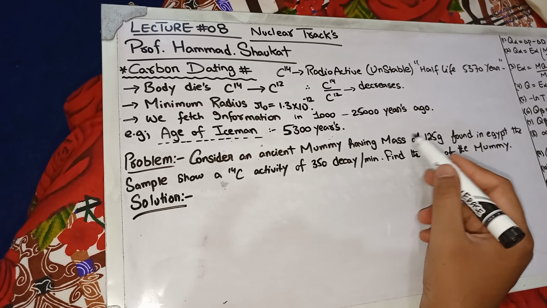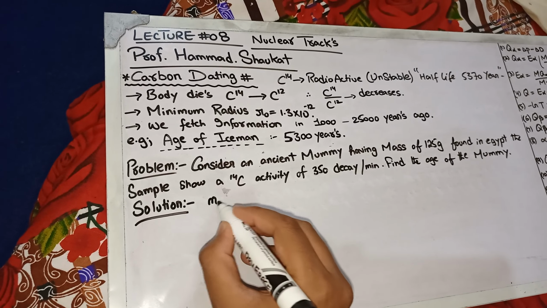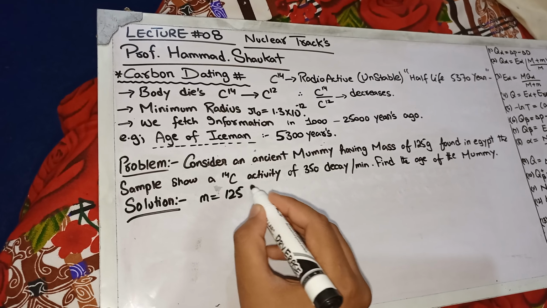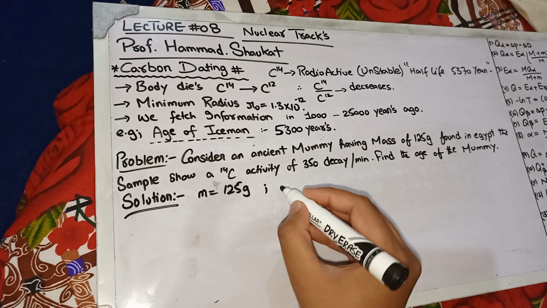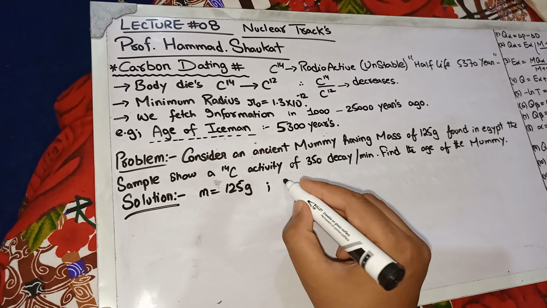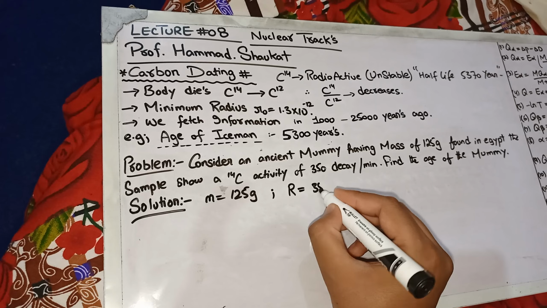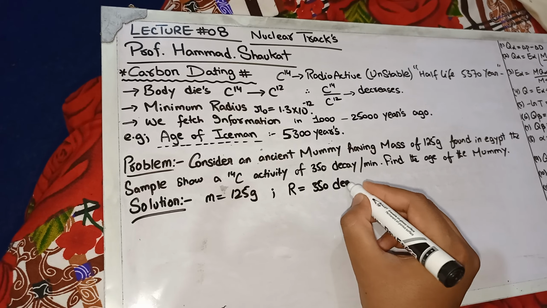Here the mass in grams is given, meaning small m is 125 grams, whereas the activity for the case of carbon-14 is 350 decays per minute.